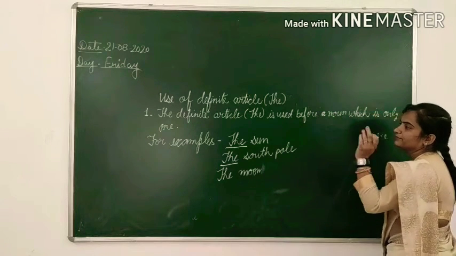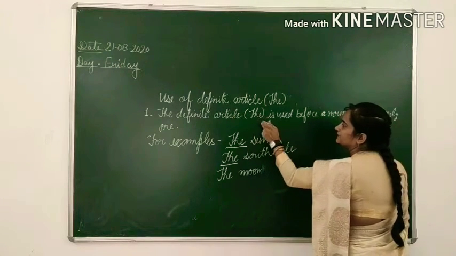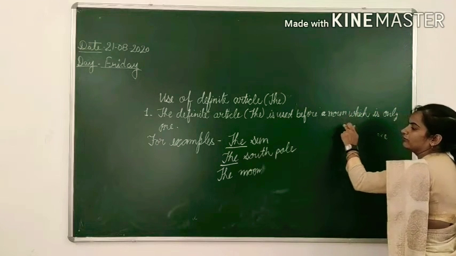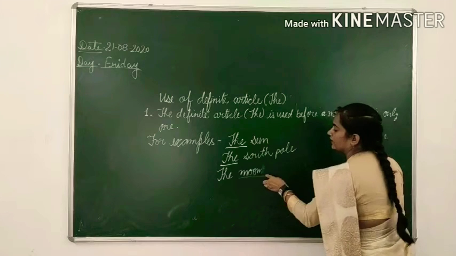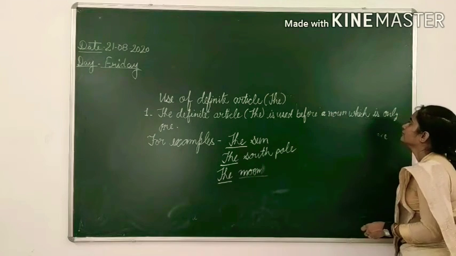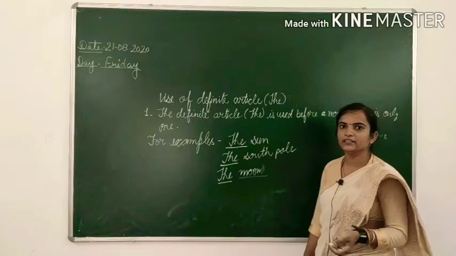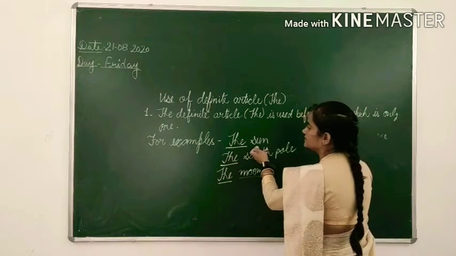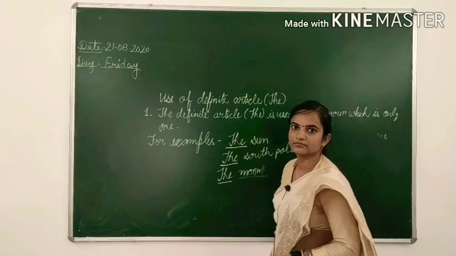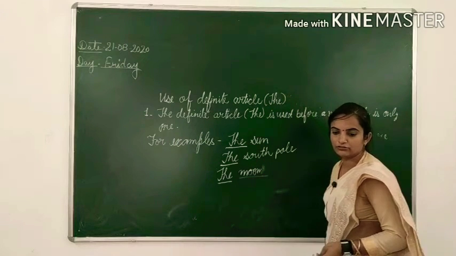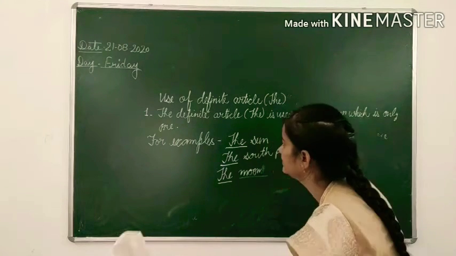Have a look again. The definite article the is used before a noun, which is only one in the universe: the sun, the South Pole, the moon, the earth, etc. Now have a look at the second use of the.